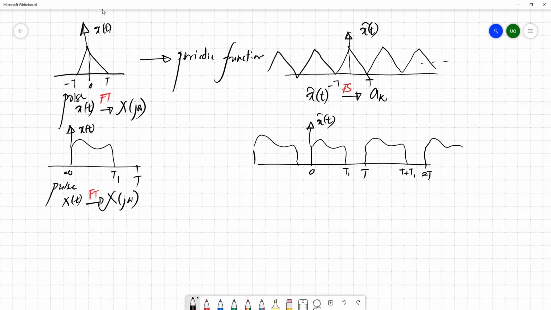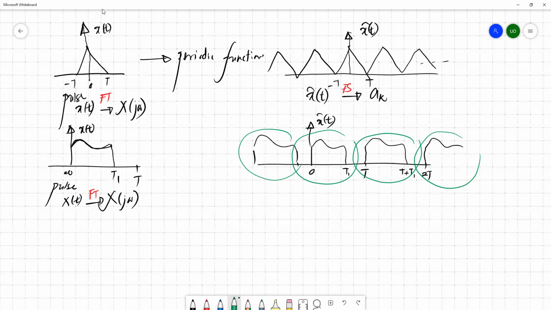Here you have x tilde, which is derived from this shape. We just put this basic one repeatedly or periodically to obtain this periodic function. So then we have x tilde t, which is generated from x t.